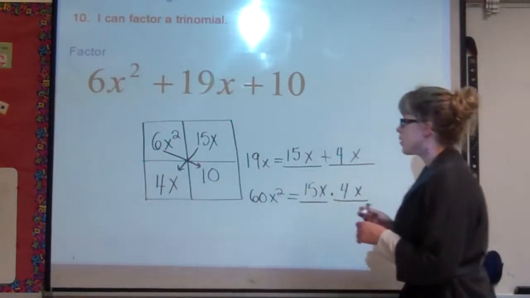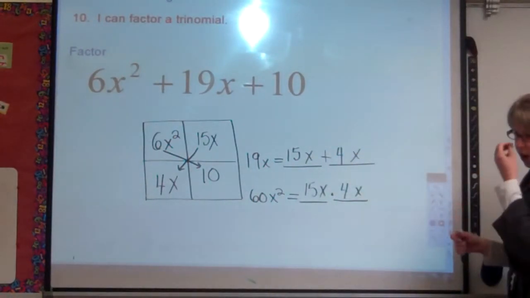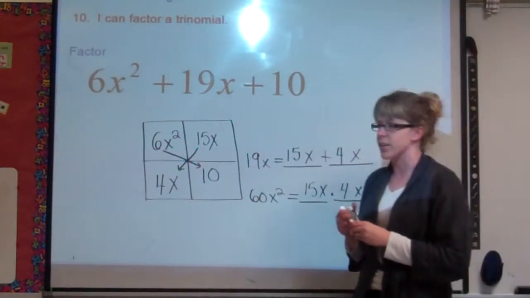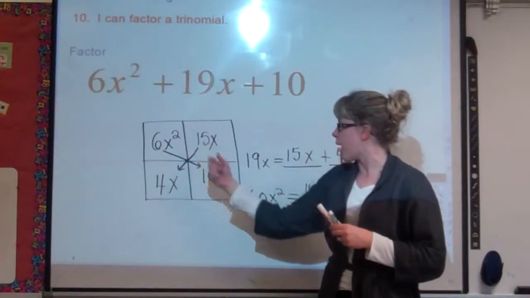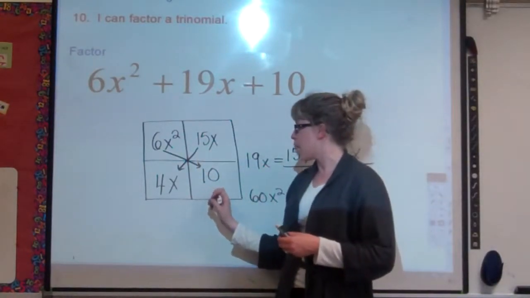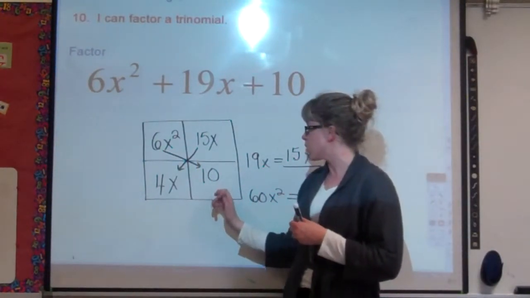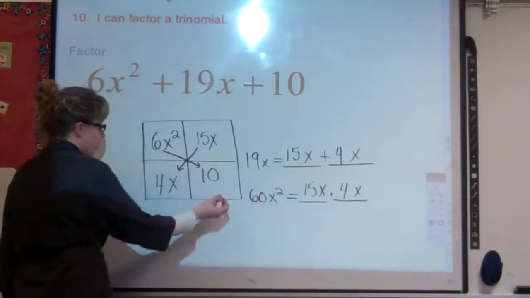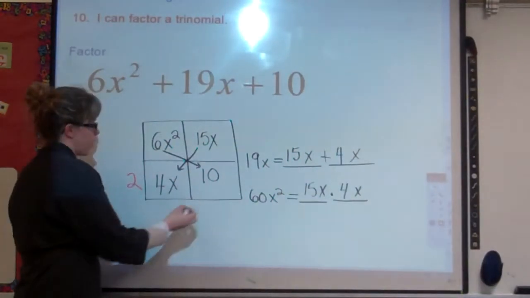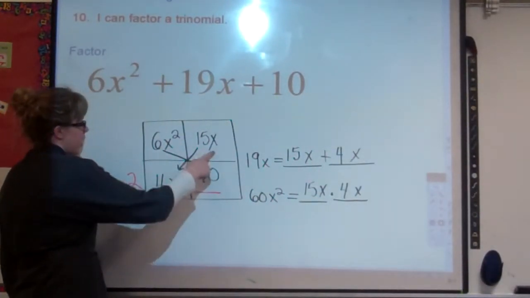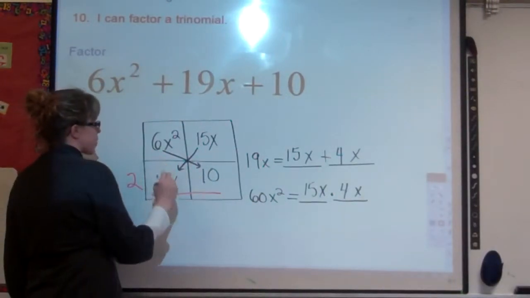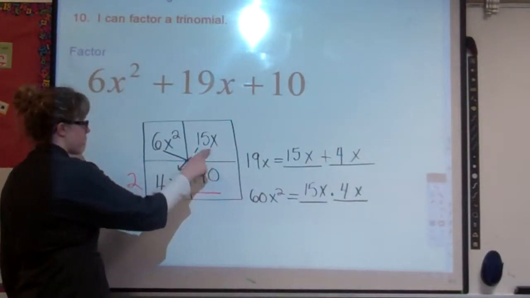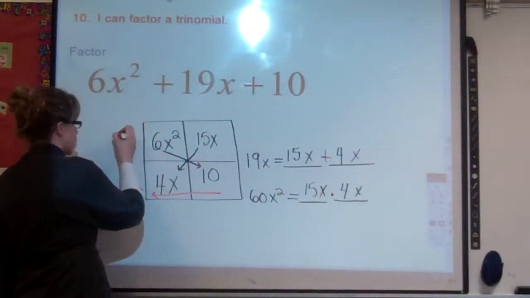Now, in order to figure out what my two factors are, I look at my box and I go across and up, finding the greatest common factor in these pairs of boxes. So what is the greatest common factor, meaning the largest number that goes into both 10 and 4x? I would say it's 2. Going across this way, if I'm looking for the greatest common factor between 6x squared and 15x, well, the greatest common factor between 6 and 15 is 3.